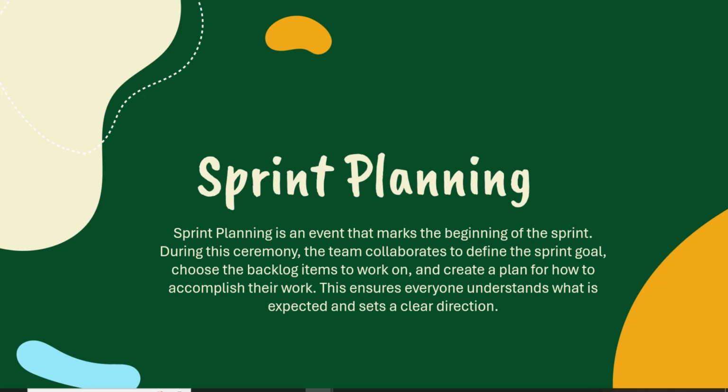The increment is the sum of the tasks completed during the sprint. Okay, it represents what has been done during the sprint. It's a working product or feature that meets the definition of done and is potentially shippable.